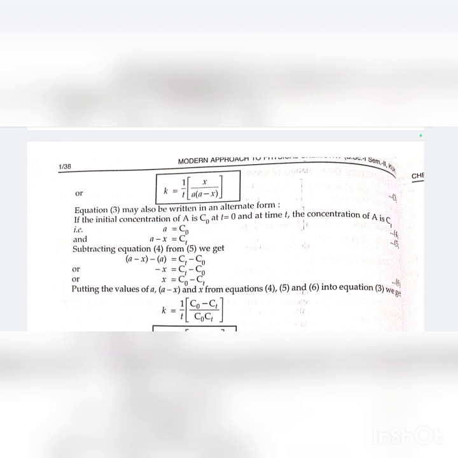If the initial concentration of A is C naught at t = 0, and at time t the concentration of A is Ct, that is a = C naught and a − x = Ct. Subtracting equation 4 from 5, we get x = C naught − Ct.